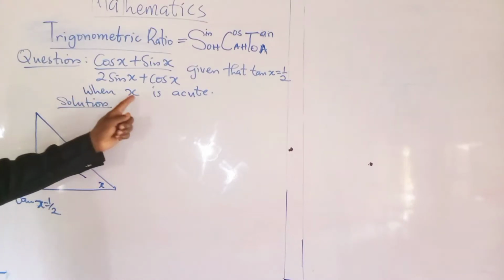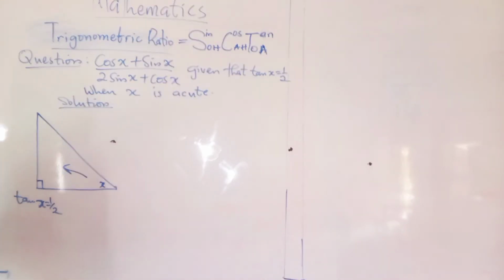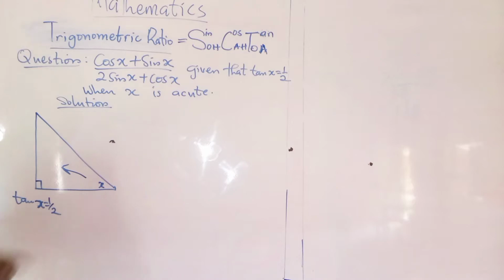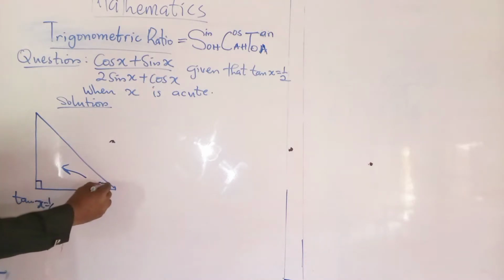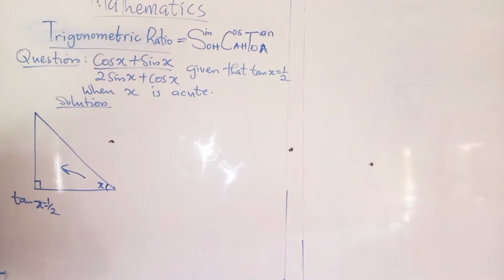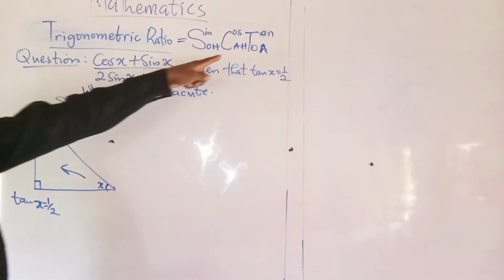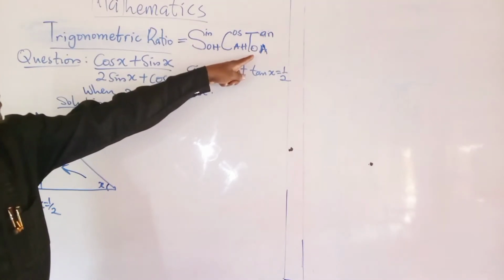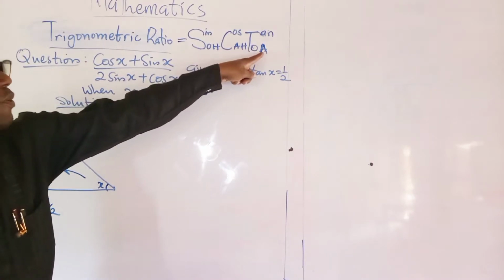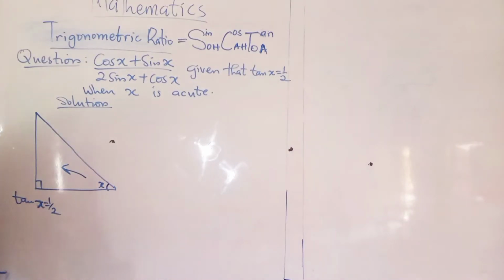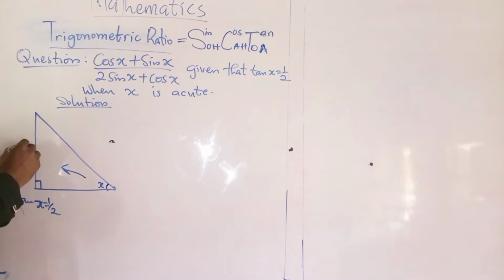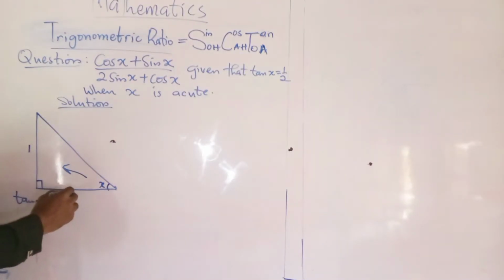And x is an acute angle. So if this is the angle, here is the opposite of it. And we know that tan is equal to opposite divided by adjacent. So we have 1 divided by 2.